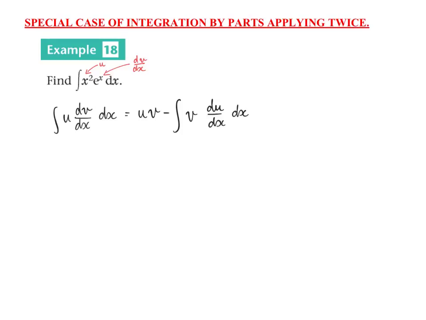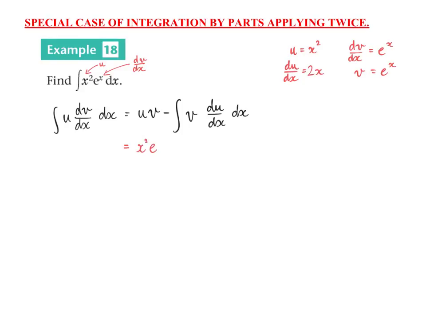So first time round then, we have u is equal to x squared. That means du by dx is equal to 2x. We've got dv by dx, so that's e to the x, and to get v we integrate, which is e to the x.